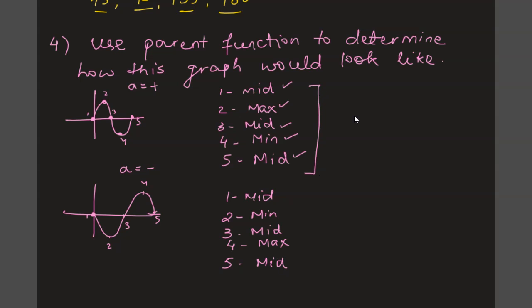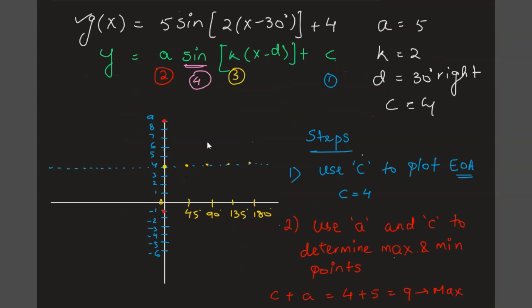So this is the scenario when a is negative, and the earlier one is when a is positive. This all applies when the graph is a sine graph. Now we go back to our transformed function equation, the question, and we see that this is a sine function with a positive.